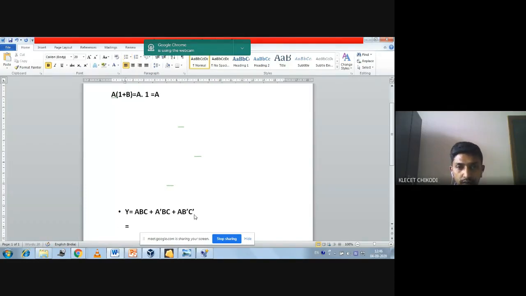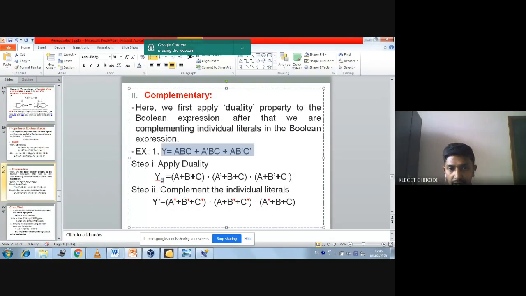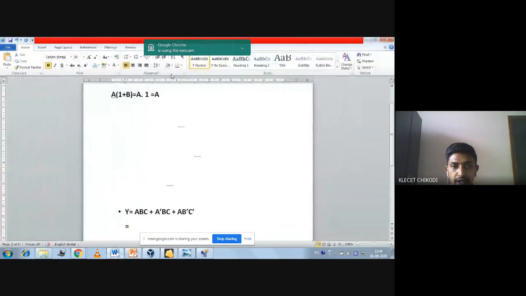Now what is the first step we have to do here? We have to apply the duality property. What is the meaning of that? Wherever there is a dot, we have to replace that with plus, and wherever there is a plus, we have to replace that with the dot.